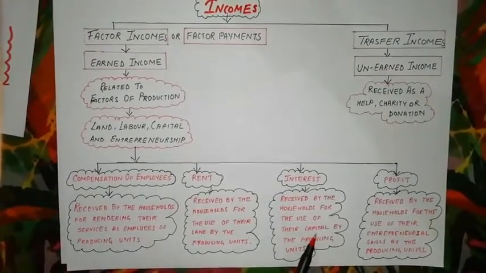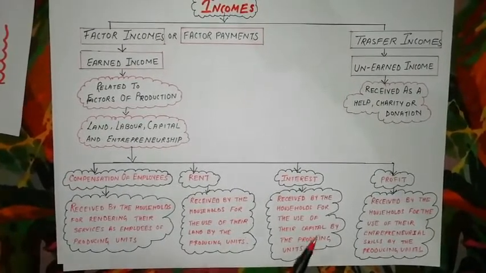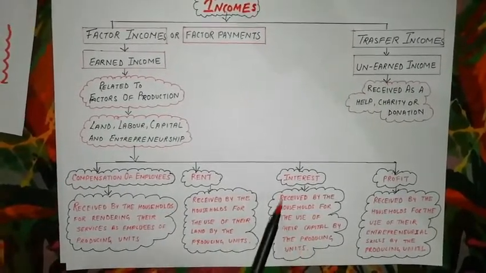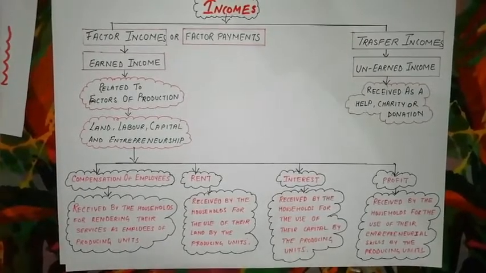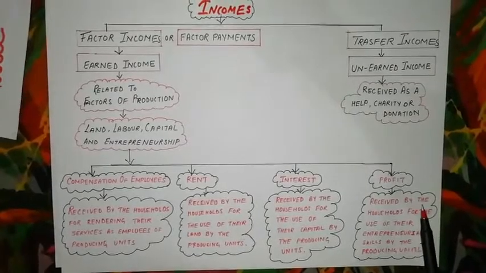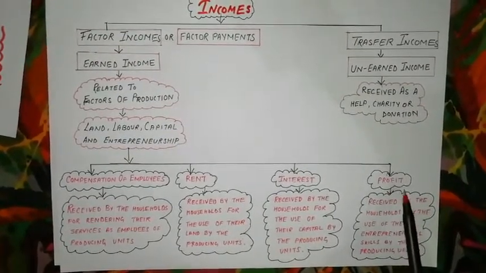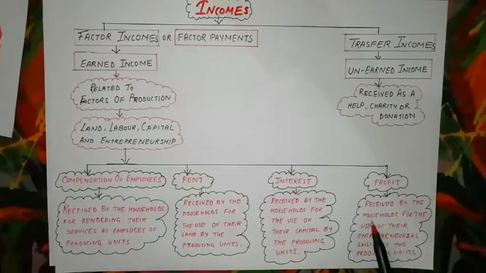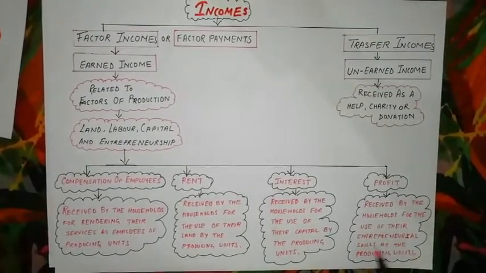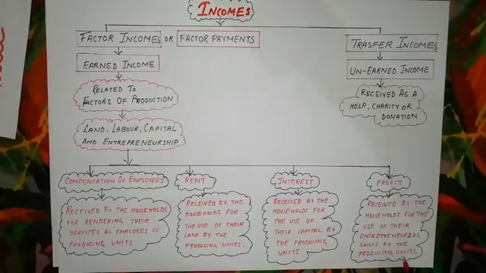So whatever capital you have and you are utilizing it, on this you are generating income in the form of interest. Next is profit. When you utilize your entrepreneurial skills, on that you generate profit. It is received by the households for the use of their entrepreneurial skills by the producing unit.